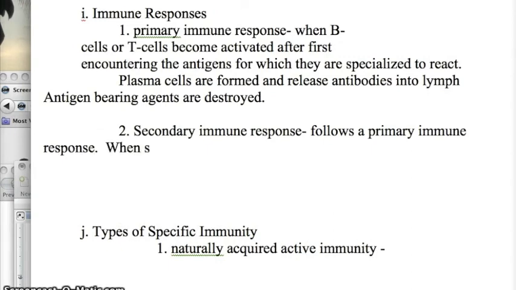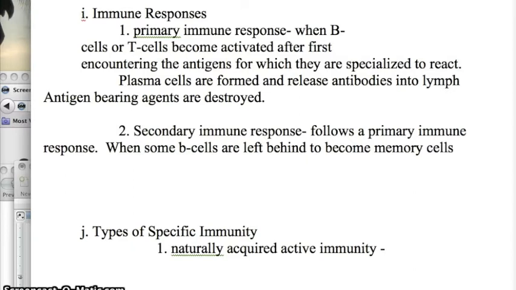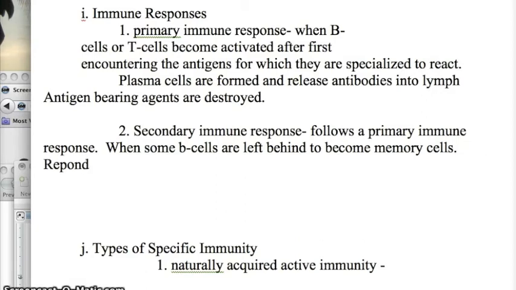So this is when some of the B cells are left behind and they become memory cells. And their job is that they will respond quickly to an antigen if it then enters the body. Let's say quickly to that same antigen.